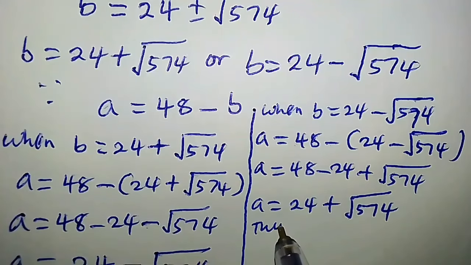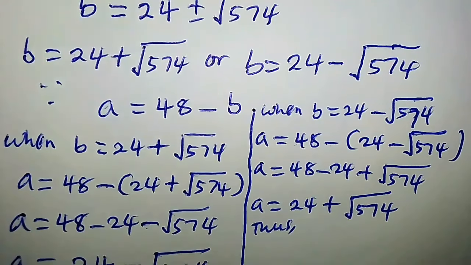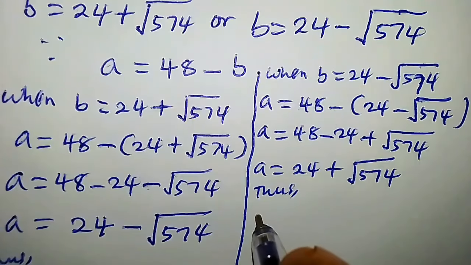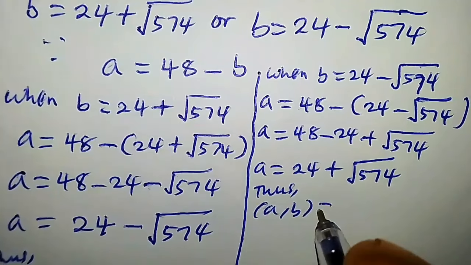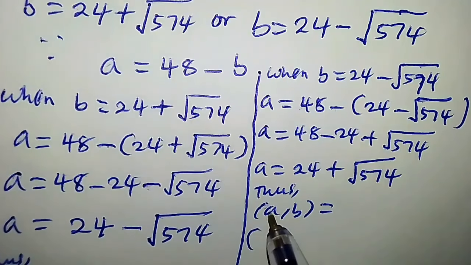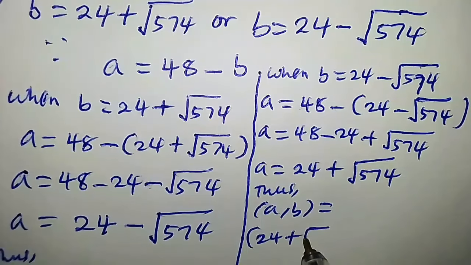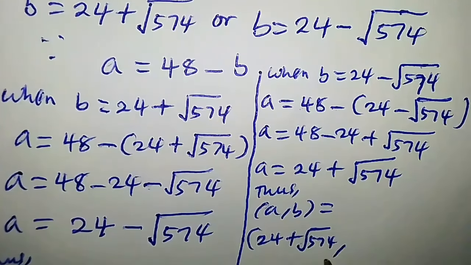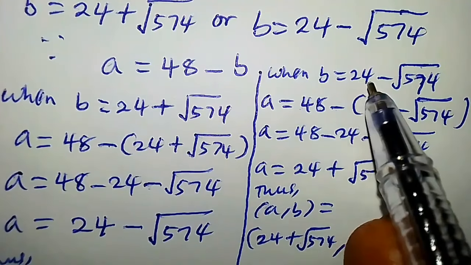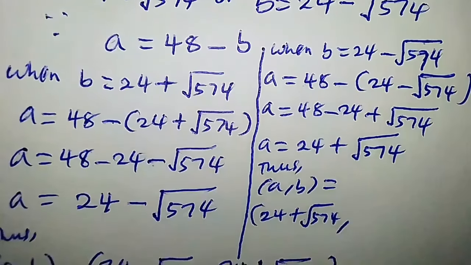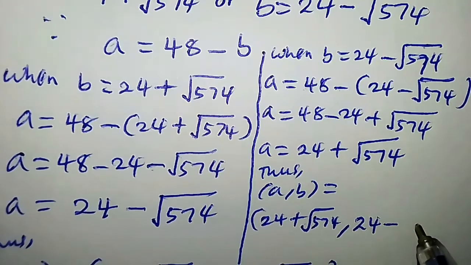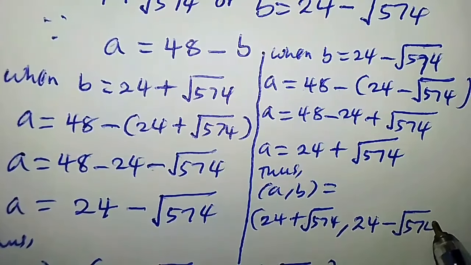Thus, similarly, the second solution is A comma B equal to, what is A? A is this, 24 plus square root of 574, comma, and what is B? B is this guy, 24 minus square root of 574.